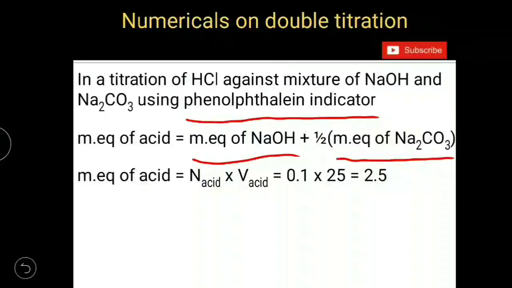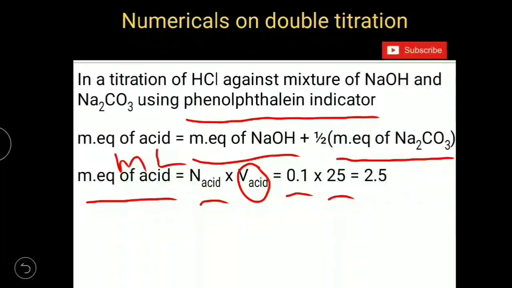To find milli equivalents of an acid, the formula we use is normality of acid multiplied with volume of acid in milliliters. When normality is multiplied with volume of the solution in milliliters, you get number of milli equivalents. So here volume of HCl solution given is 25 ml and its normality is 0.1. So the milli equivalents equal 2.5.